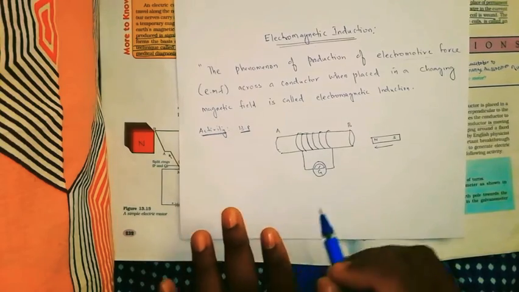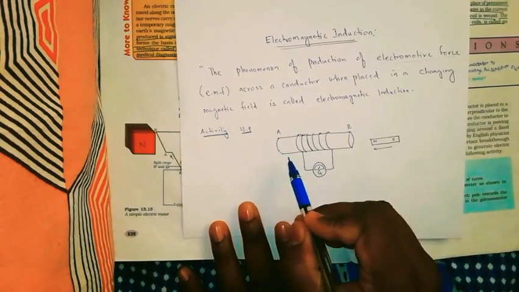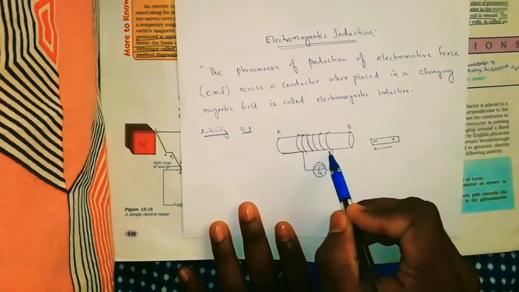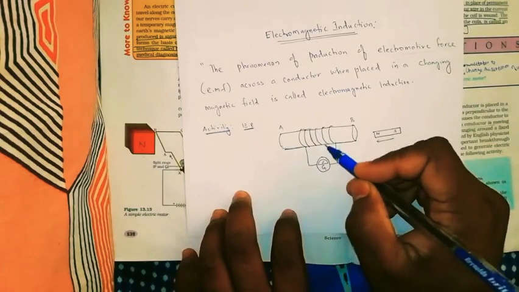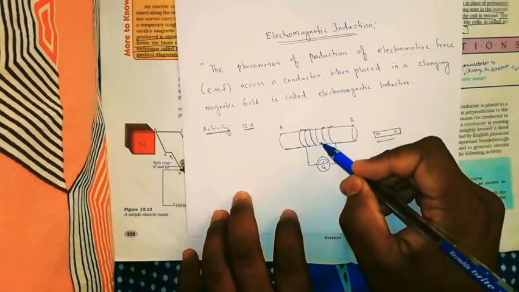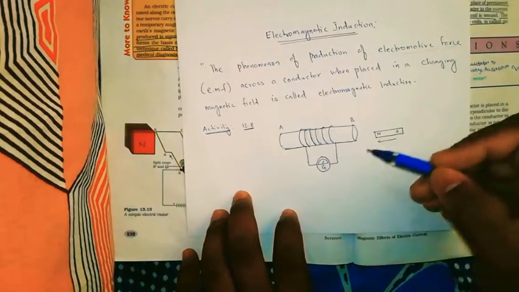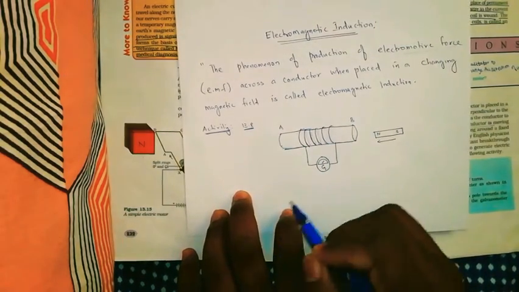In this activity, we have taken AB, a rod, or we can take any cardboard or roll of paper. On it we take several turns of copper coil, connected with a galvanometer. What is a galvanometer and why is it used?